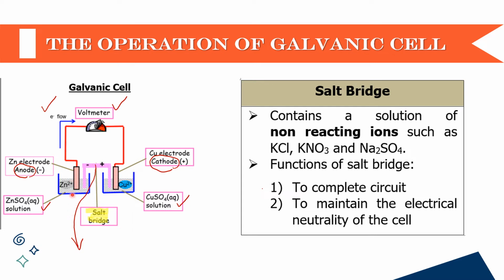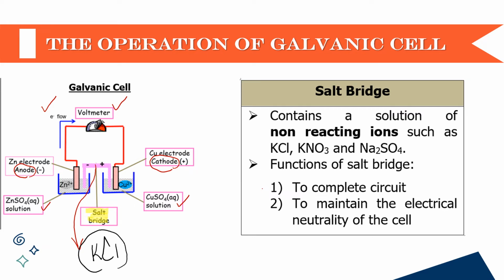Since here we have zinc 2 plus, and here we have copper sulfate, we just use any other salt solution. That's why it is called a salt bridge. Why is it a bridge? It looks like a bridge. So for example, KCl.